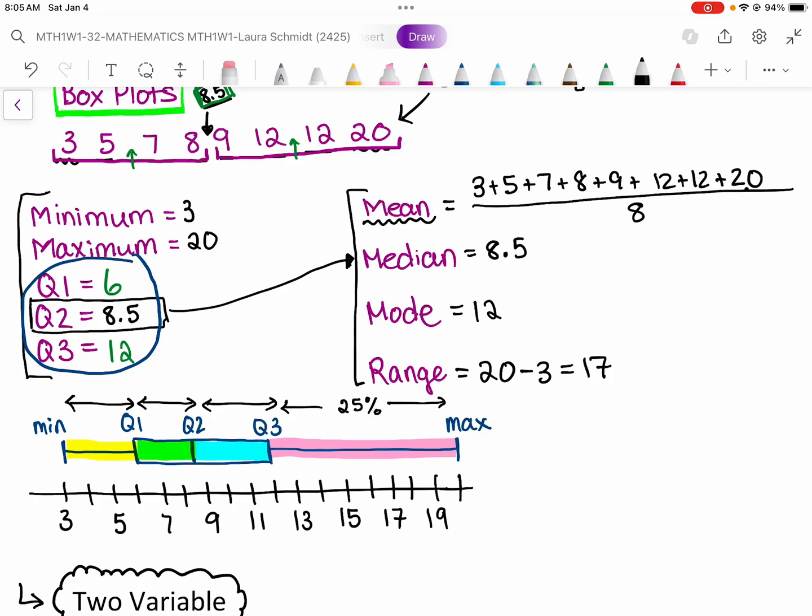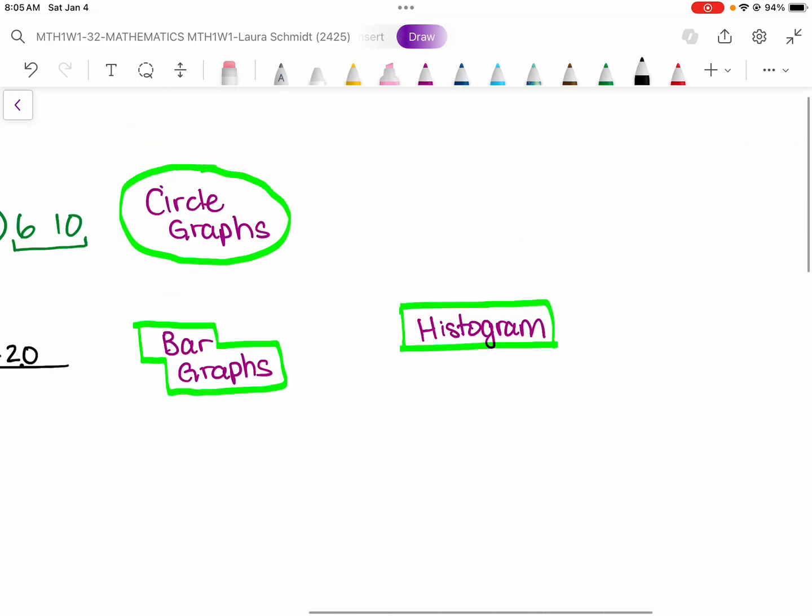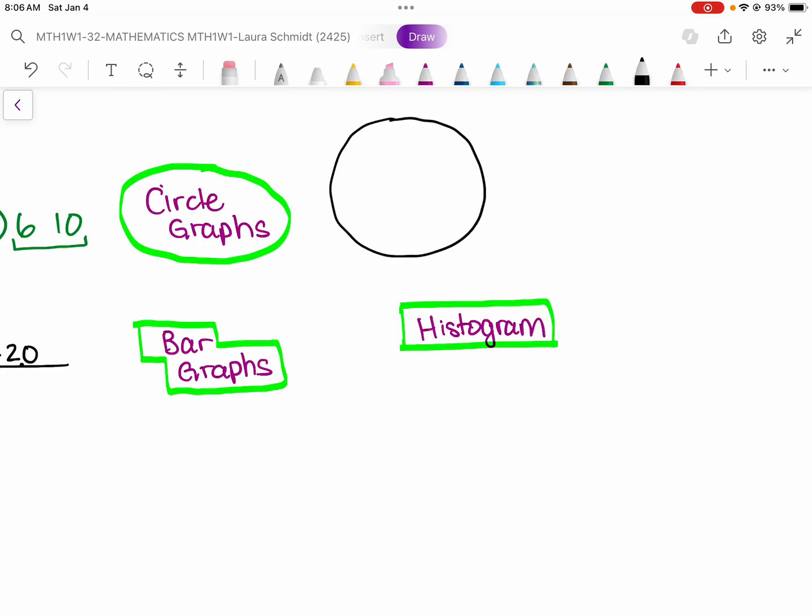Okay. These are some other ways that you can represent data using one variable. We hardly talked about it at all in the course, but hopefully you talked about it in grade 7 and 8. So circle graphs are where you take your data and put it into percentages.